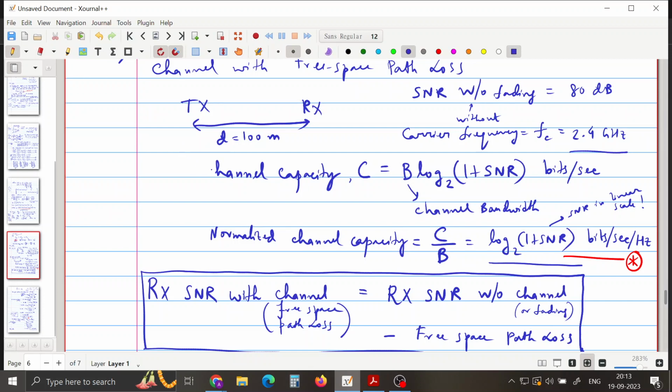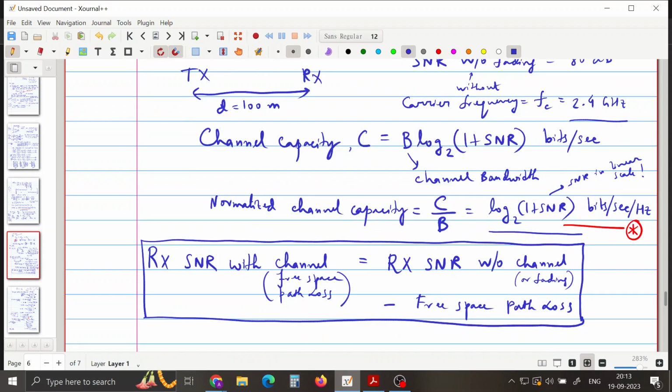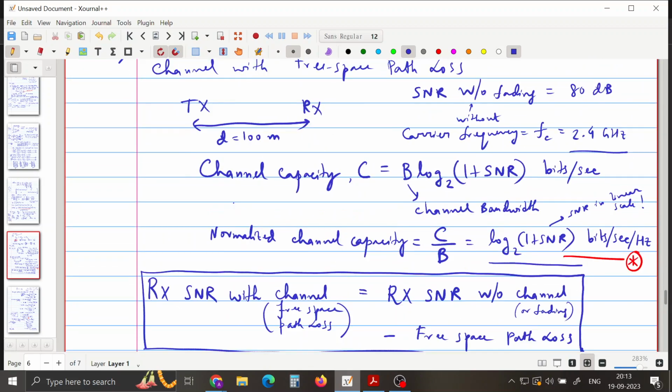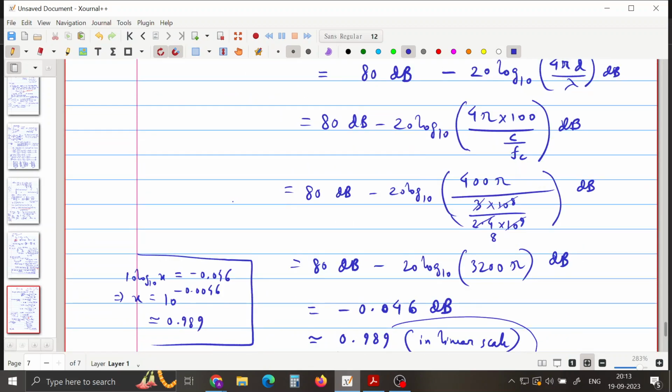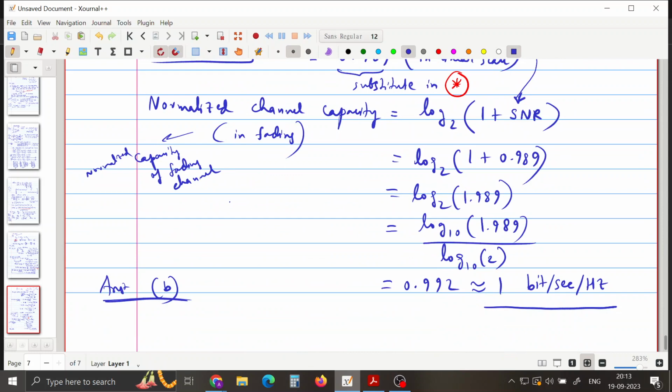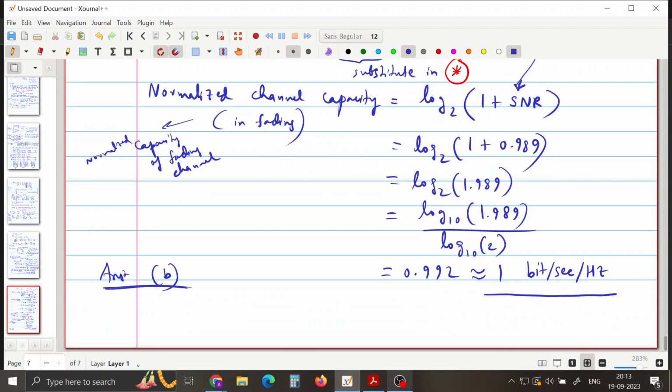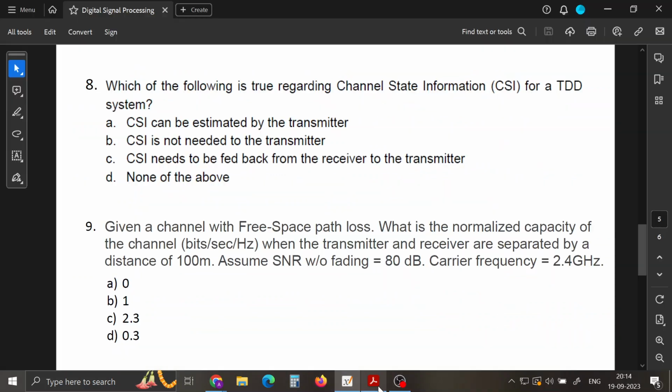Because we are actually finding the SNR in presence of fading, the received SNR in fading, in presence of loss, and then substituting the formula, right? So it's not essentially the case of AWGN. It's the normalized capacity of a fading channel. The calculation is straightforward, simple.